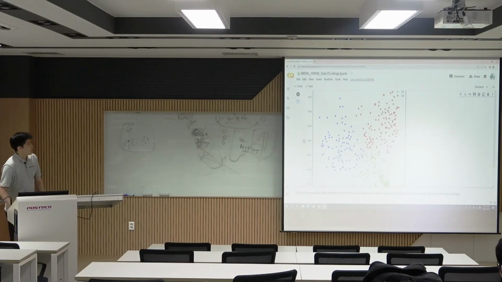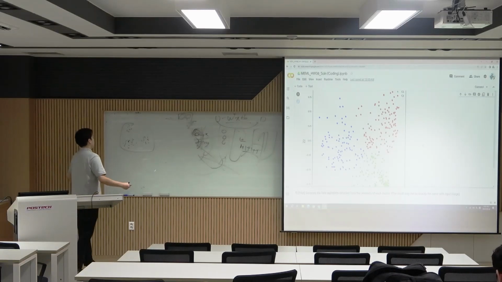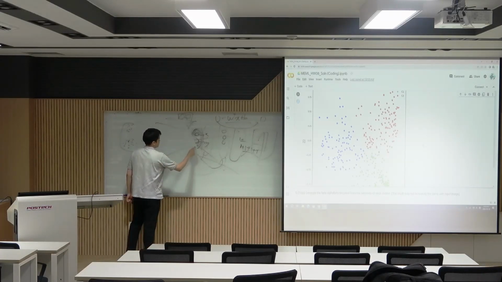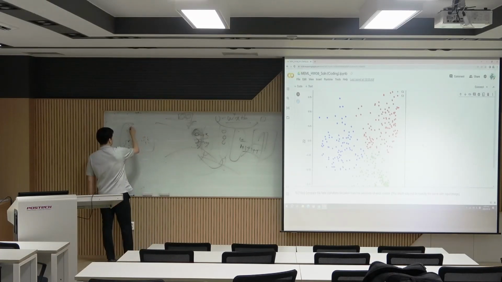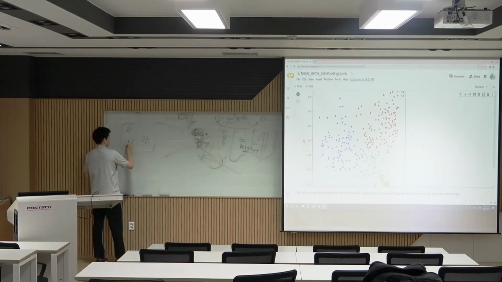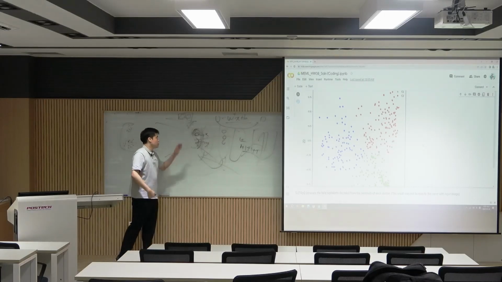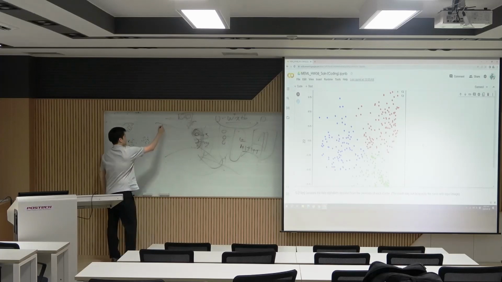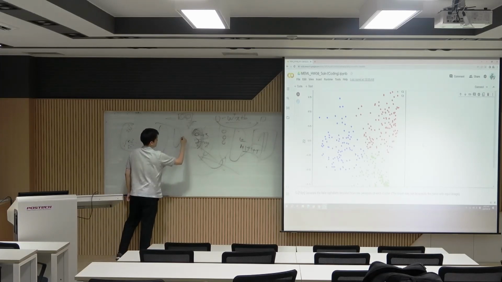So after doing this clustering, just to show you, we can make this into a two-dimensional space, and then use the clusters in order to classify these points. So in this autoencoder, we do not use any kind of label, right?